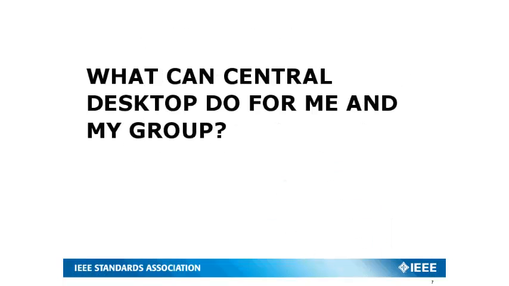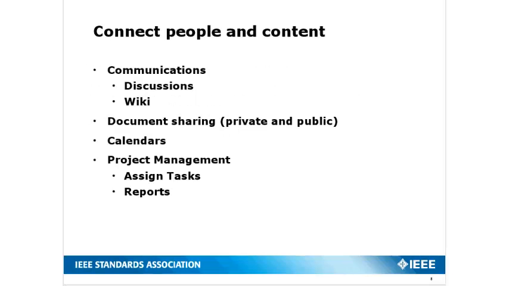So what can Central Desktop do for you and your group? In Central Desktop, groups get together in a workspace. When you sign on, you may notice that you're a member of multiple workspaces. But within each workspace, your group can collaborate with the features provided. For example, files and discussions allows you and your team to organize and share files, documents, and discussions, as well as take advantage of version control, file previews, and audit logs.